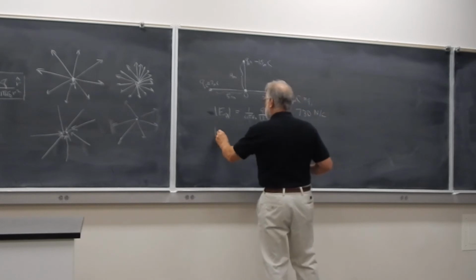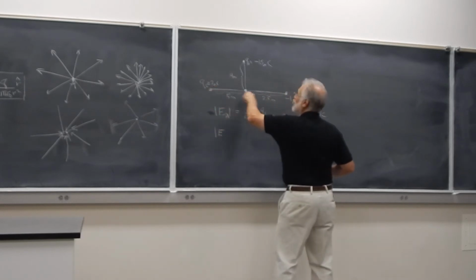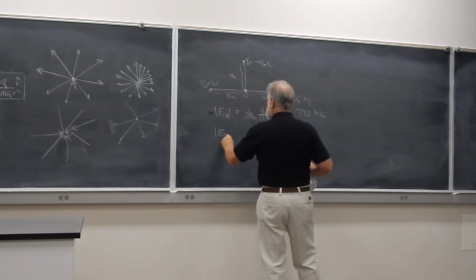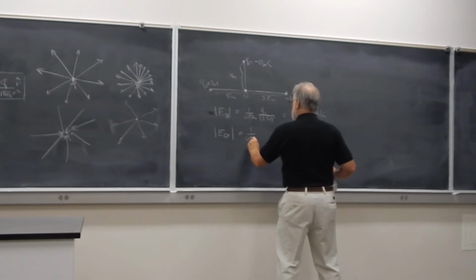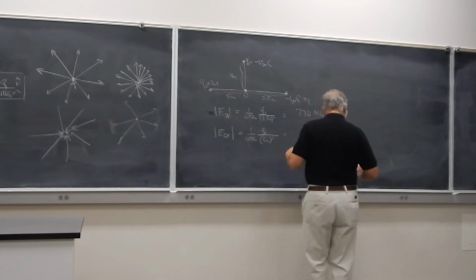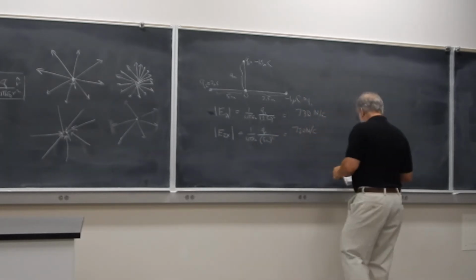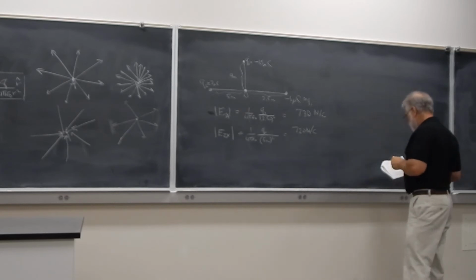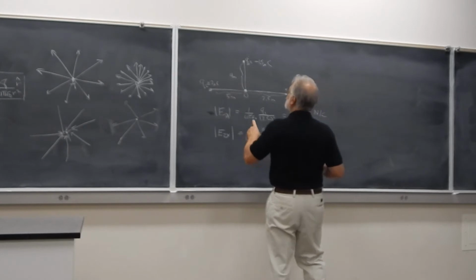Again, not worrying about direction, in this case Q2 is all in the x direction as well, so E2x is 1 over 4 pi epsilon naught times Q2 divided by 5 meters squared, and that's going to give me 720 newtons per coulomb. And then I'm going to calculate the magnitude of E3.